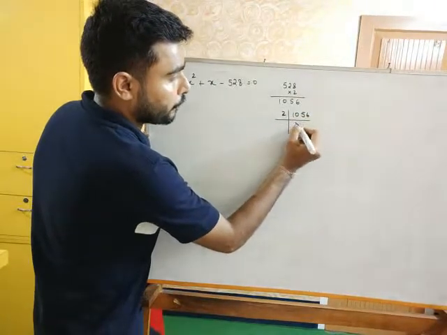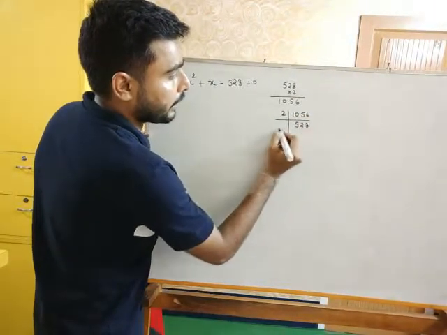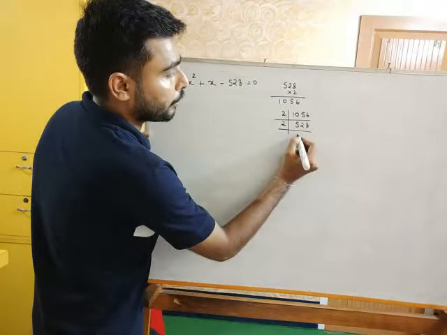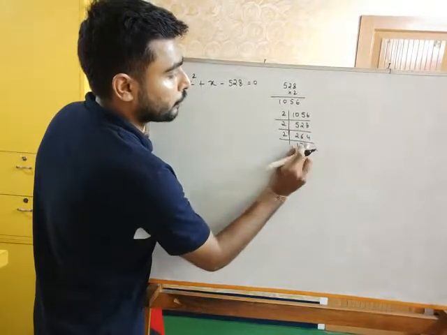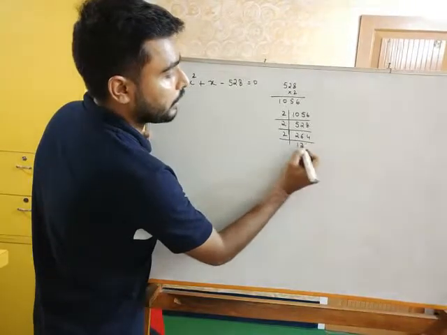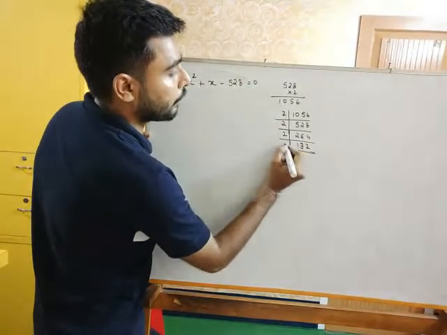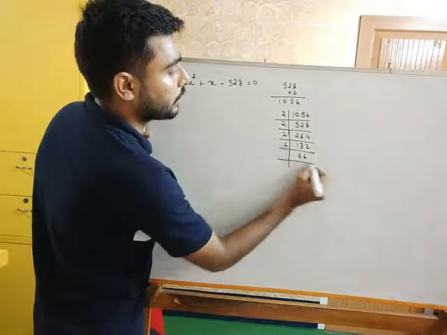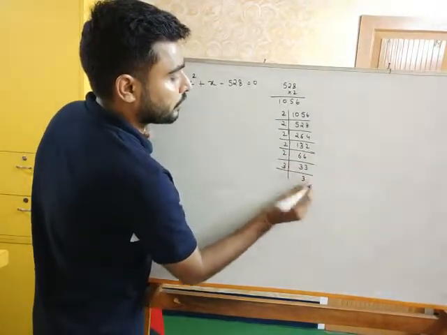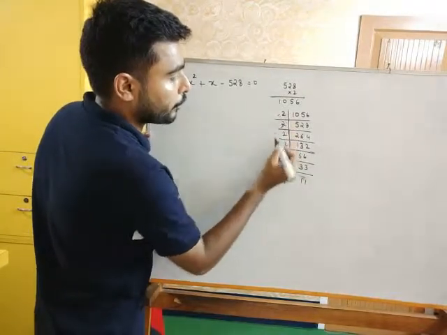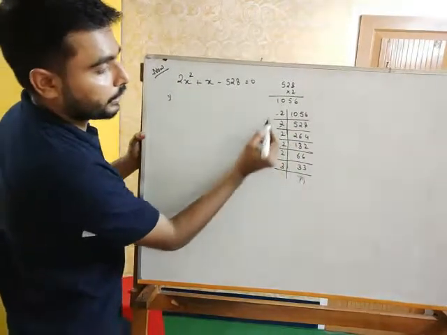1056 in the table of 2, 528 times; in the table of 2, 264 times; in the table of 2, 132 times; in the table of 2, 66 times; in the table of 2, 33 times; in the table of 3, 11 times. So now 2 into 2 is 4, into 8, 16, 32.